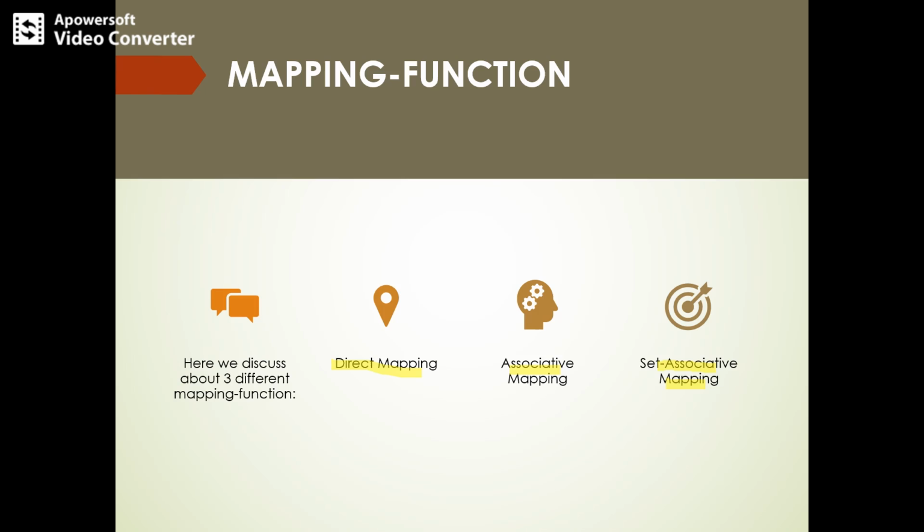These mapping functions will decide which blocks from the main memory can be copied into the cache. We know that the cache consists of around 128 blocks, and the main memory consists of around 4096 blocks.